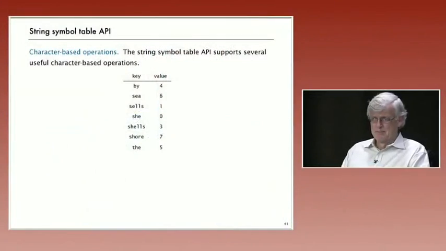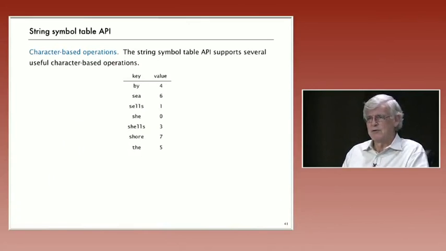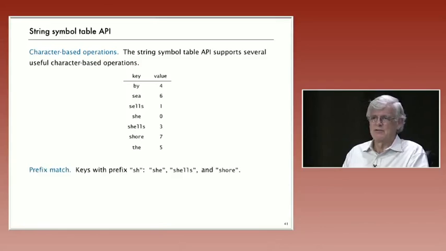Now we're going to finish up by looking at some extra operations that are supported for string keys when we use tries. We're going to look at a couple of character-based operations that are quite useful and can be supported by the string symbol table API with tries.